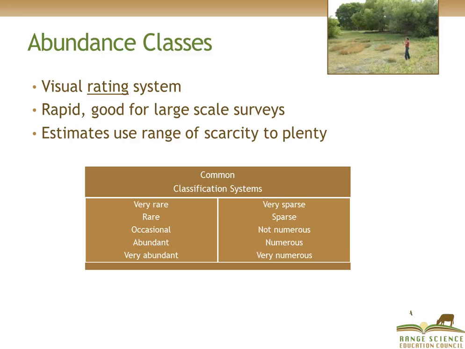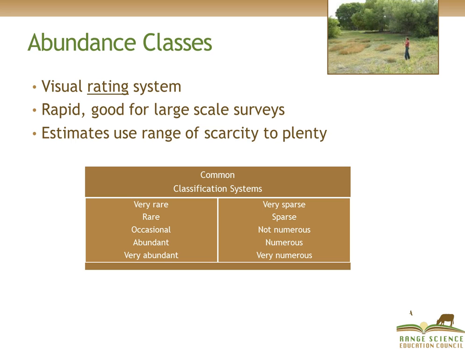So here are a couple of common classification systems that are used when we're talking about abundance. We could say that plants are either very rare, rare, occasional, abundant, or very abundant, or another approach is to describe whether they are very sparse, sparse, not numerous, numerous, or very numerous.